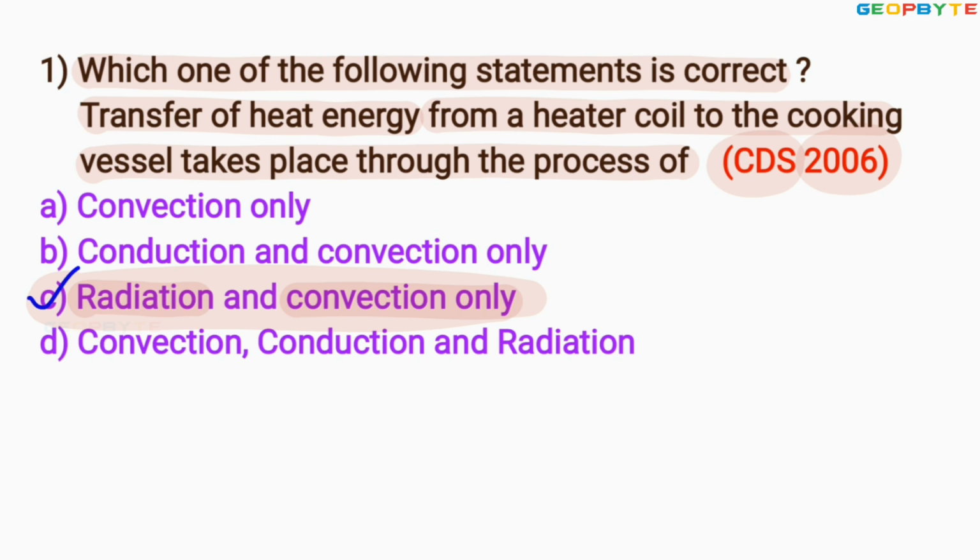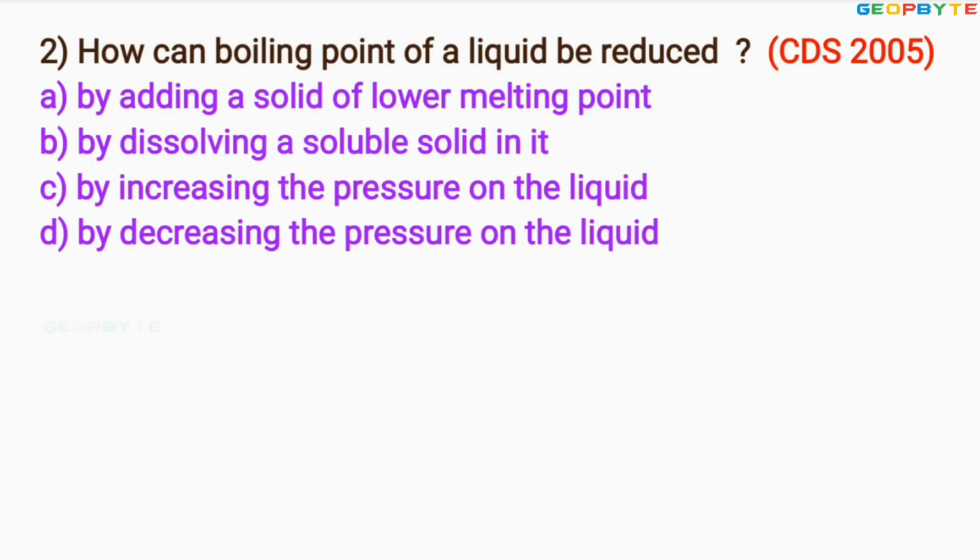Now let us move to the second one. Look at the second one, asked in 2005 for the CDS exam. How can the boiling point of a liquid be reduced?